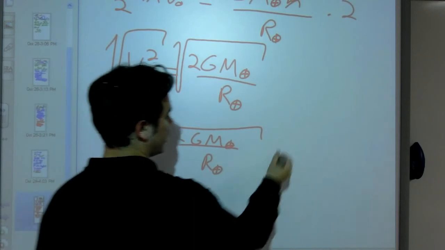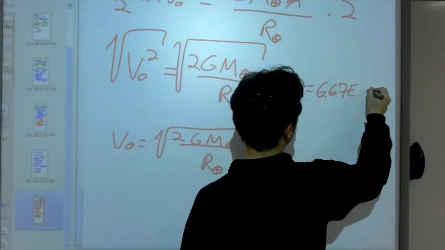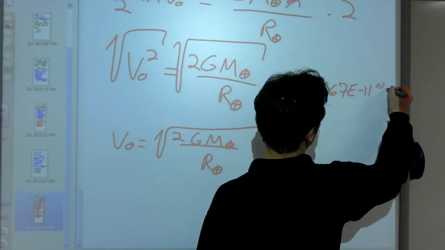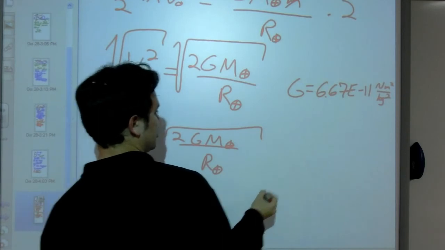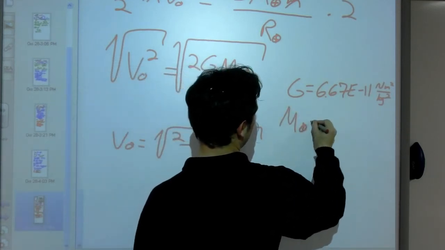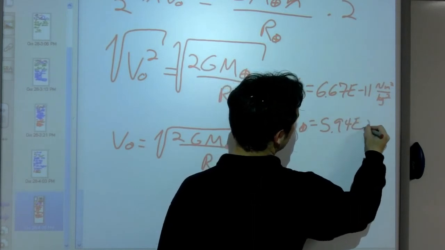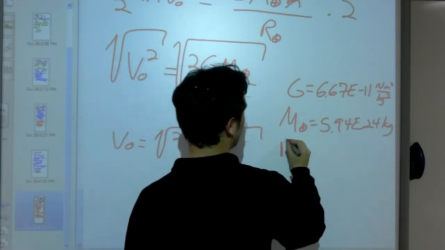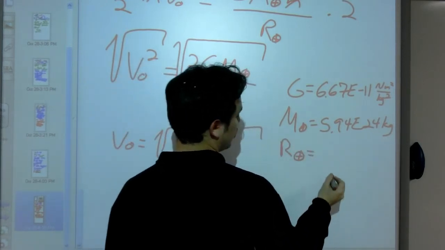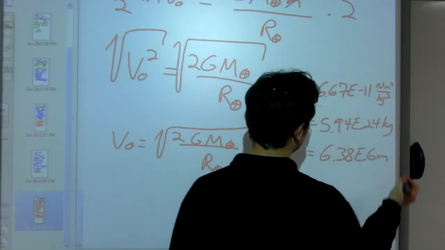If we plug in where G is equal to 6.67 times 10 to the negative 11 newton meters squared per kilogram squared, our universal gravitational constant, mass of the Earth equals 5.94 times 10 to the 24th kilograms, and finally, radius of the Earth equals 6.38 times 10 to the 6th meters.